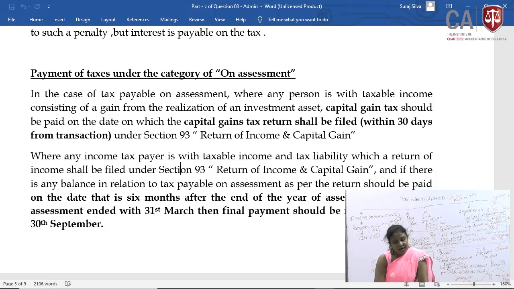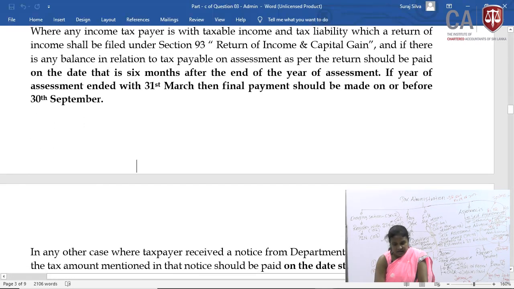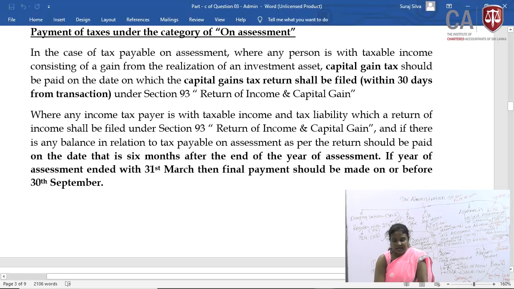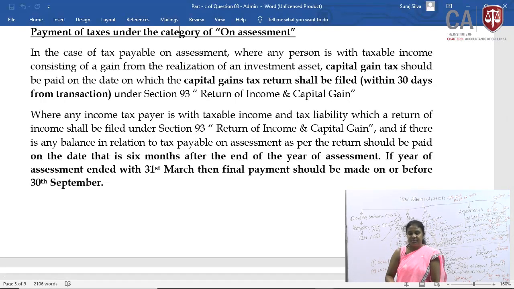Second one, where any income tax payer is with taxable income and tax liability, a return of income shall be filed under section 93. What is the annual income tax return, the so-called name now? It's the self-assessment income tax return.